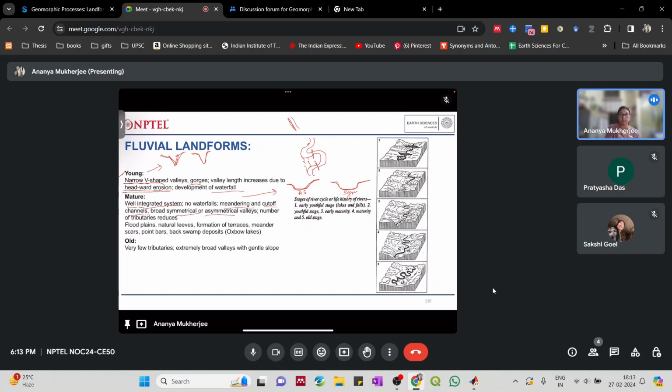and these are the erosional landforms that are present during the mature stage of the river's life. The depositional landforms that are usually found in these stages are the floodplains, natural levees, and river terraces, and meander scars.